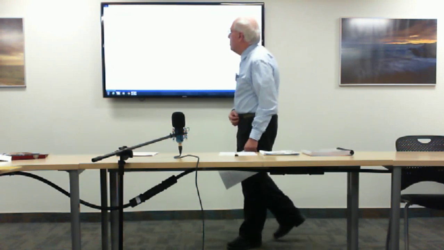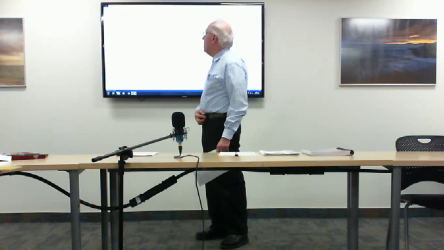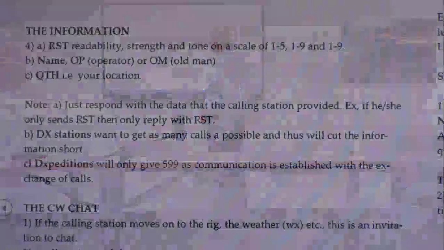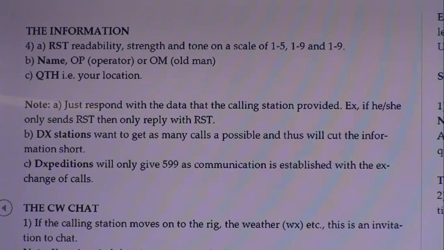Okay, information. The information you give is RST: readability, strength, and tone, on a scale from 1 to 5, 1 to 9, and 1 to 9. You give your name, the operator, or old man, and you give your QTH.